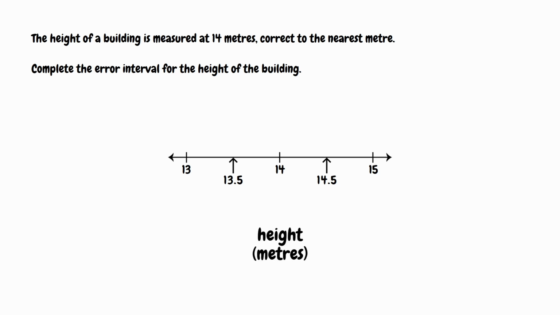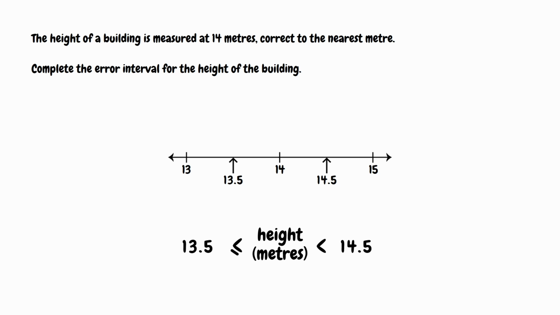We're going to have our height in meters in the middle, and then we need our inequality signs. So when we're writing an error interval, we have to use these inequality signs, with our lower bound on the left-hand side and our upper bound on the right-hand side. So looking carefully at the inequality signs, we can see that our lower bound can be equal to 13.5. And that's correct. We know that 13.5 would indeed round up to 14.